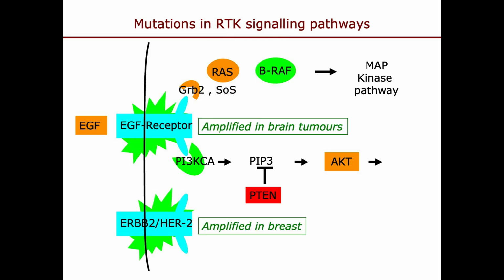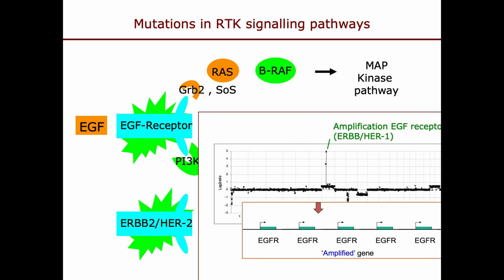As an example of amplification, we can go to the two tyrosine kinase receptors. The EGF receptor is often amplified in brain tumours of a particular kind, and ERBB2 or HER2 is amplified in about 1 in 7 breast cancers.